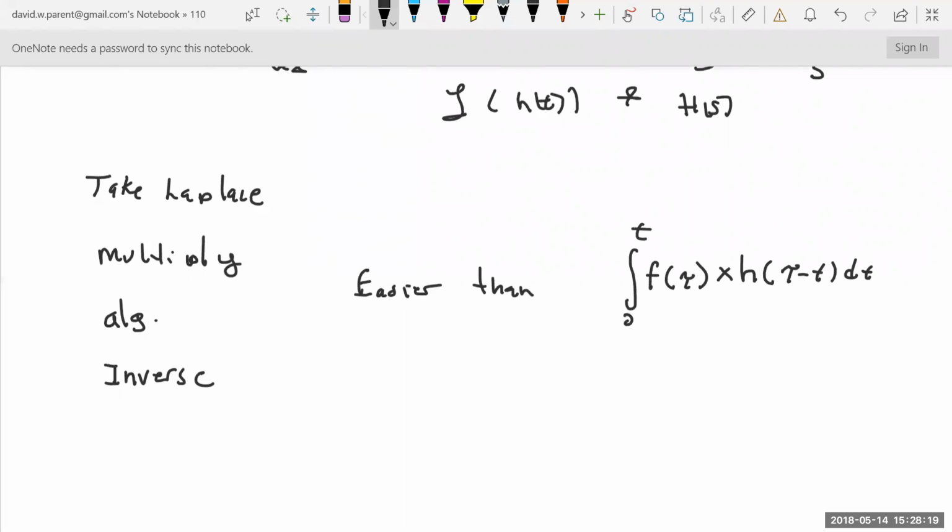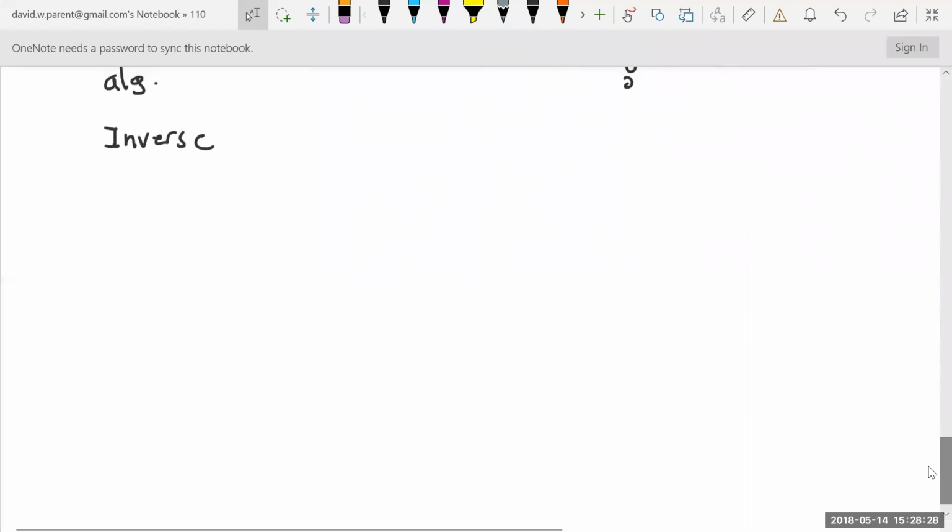Now, if it's so easy, why do it? And that is because you need to intuitively understand what's going on. Because here's an input. So that's RT minus 1, RT minus 2.